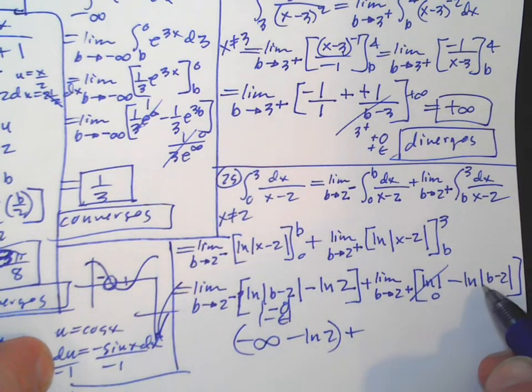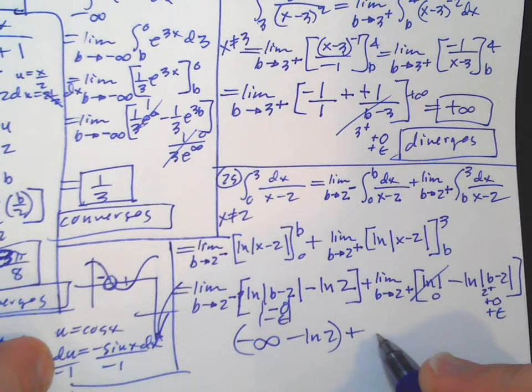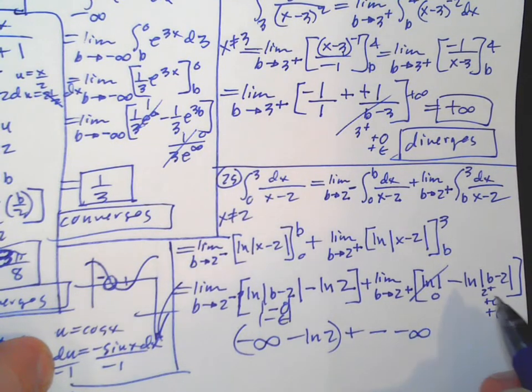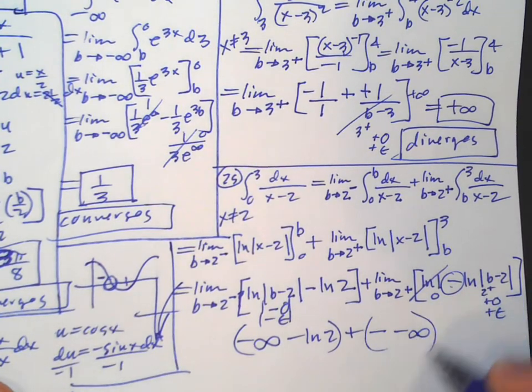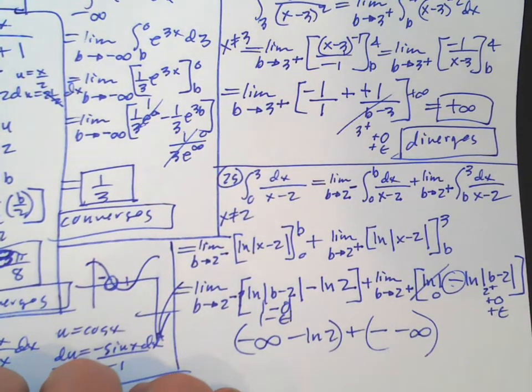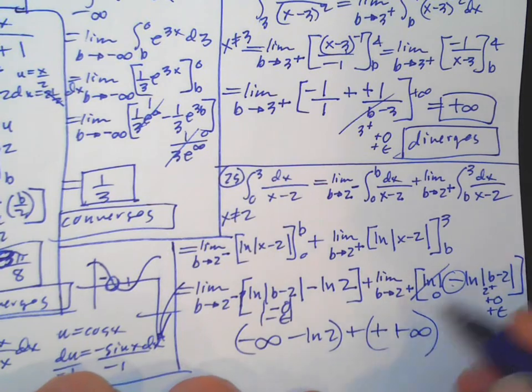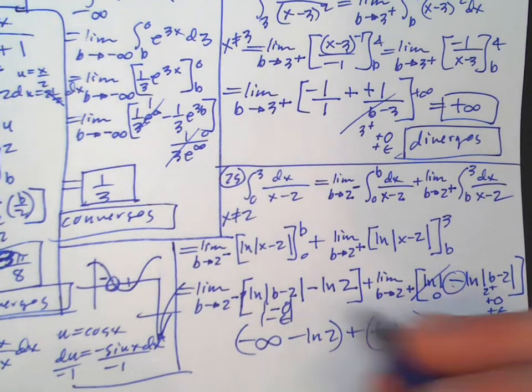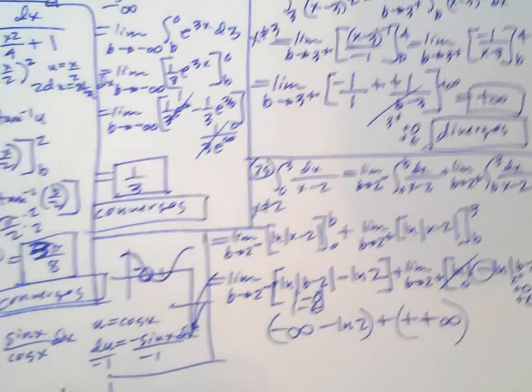Plus here, as we approach 2 from the right side, it's going to be a very small positive quantity, but it's going to go to negative infinity, and there's already a negative in front of it. Now, do these cancel each other out? We studied these before.